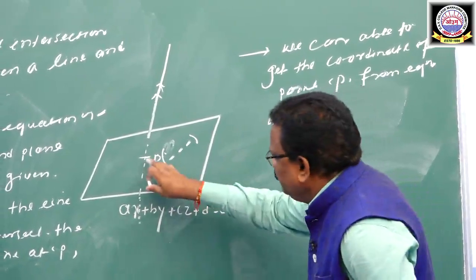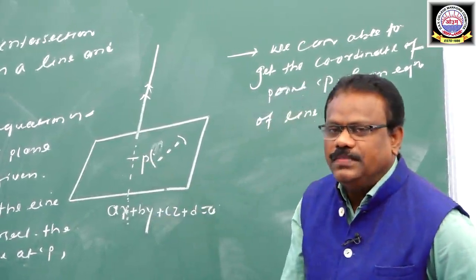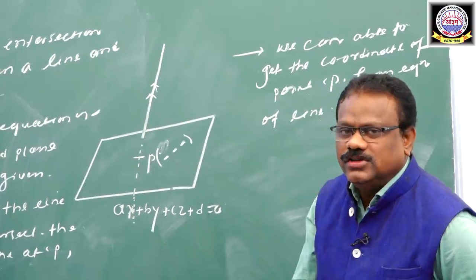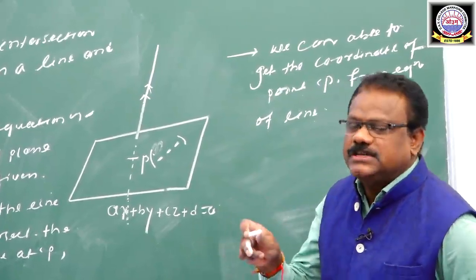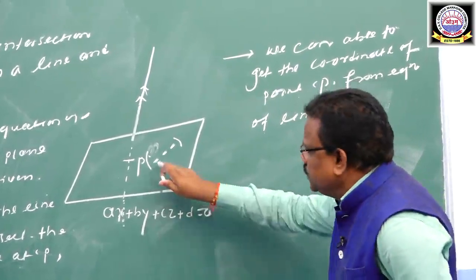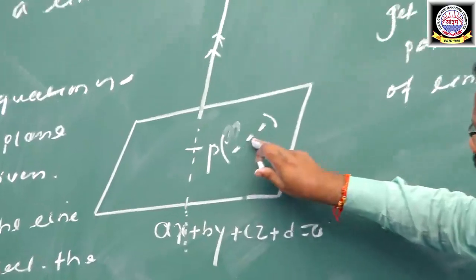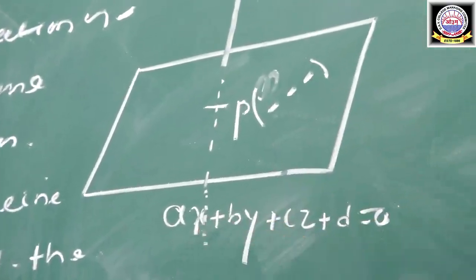And again, point P lies on the plane. So if the point P lies on the plane, the coordinates of the point P must satisfy the equation of the plane. That means we will put the values of the x coordinate, y coordinate, z coordinate at the respective places of x, y, z.